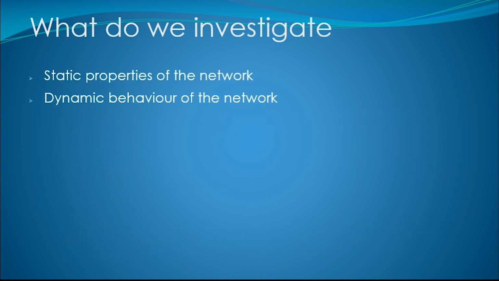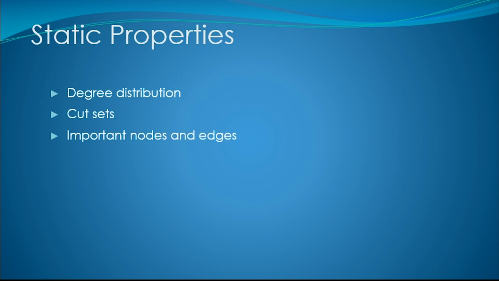And generally, in a network, we investigate two things. One is the static, meaning non-changing, properties of the network, and the other is how the network evolves over time. That's the dynamic properties, the behavior of the network. How does a person's set of friends evolve over time, or how does the link to a web page evolve over time?